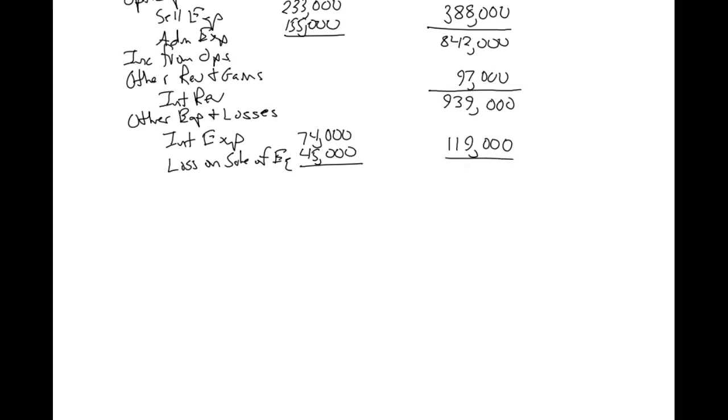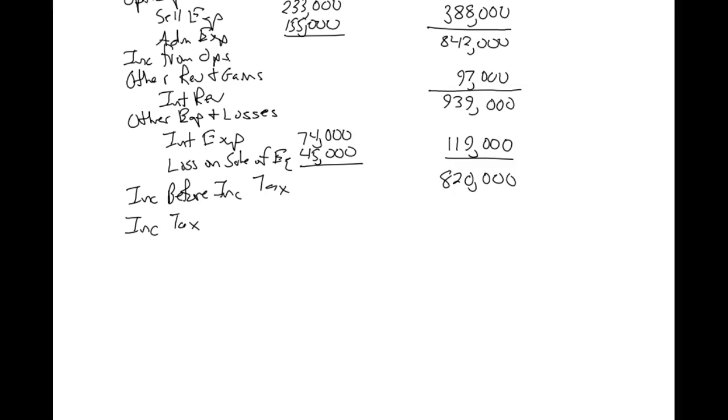All right, so that is going to give me income before income tax. All right, and that works out to be 820. All right, the next step is to take our income tax out. So remember, it says the income tax was 30%.